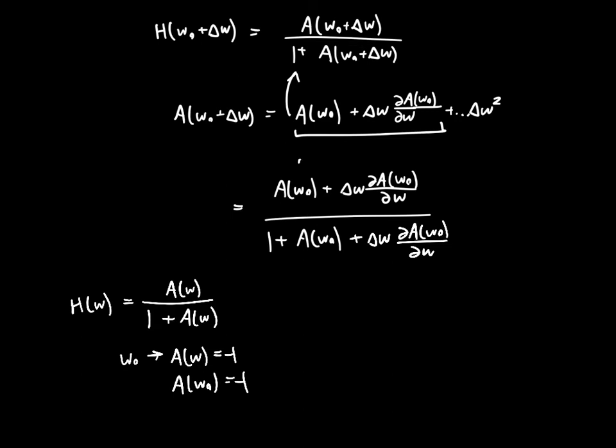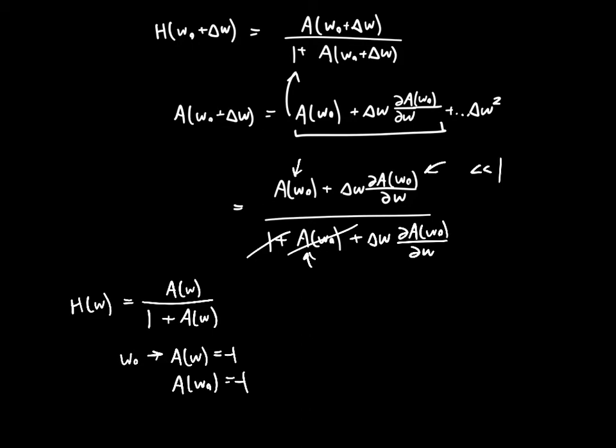So we know this A of omega naught of our oscillator is negative 1. And so if we plug in negative 1 here, then we cancel with the 1. If we plug in negative 1 here, it's not immediately obvious what we should do, but we can say that, okay, well, this term we're going to say is much smaller than 1.